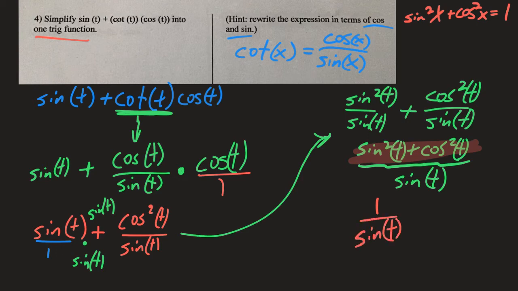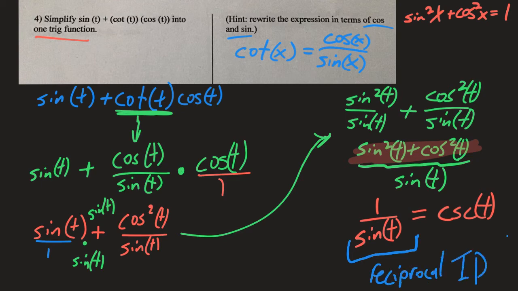And now that I've got that, it becomes very simple to use just the reciprocal identity and turn this into cosecant t, okay? And if you forgot, that is also one of our identities. So this is a reciprocal identity. And you can find all of these on that chart, in that section that I mentioned at the beginning of the video.